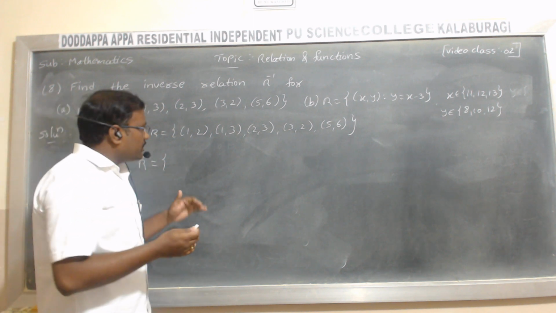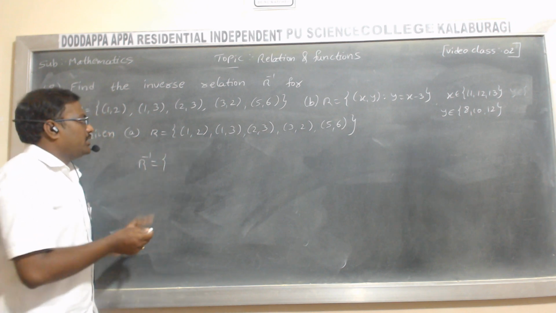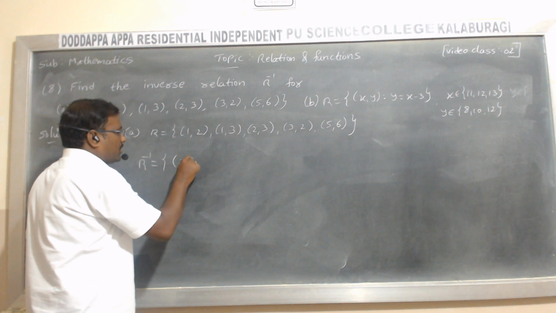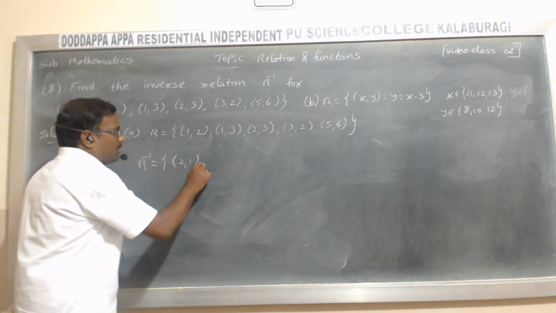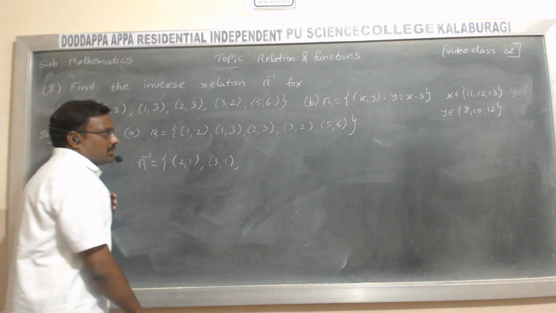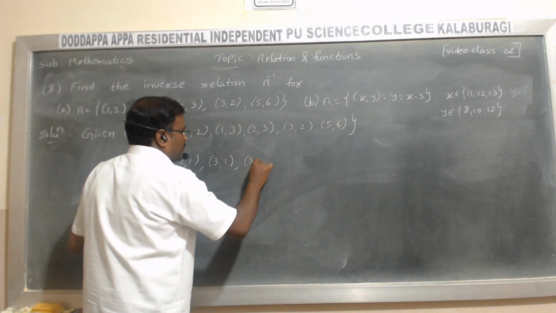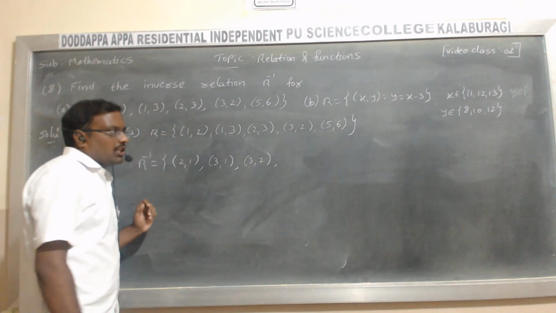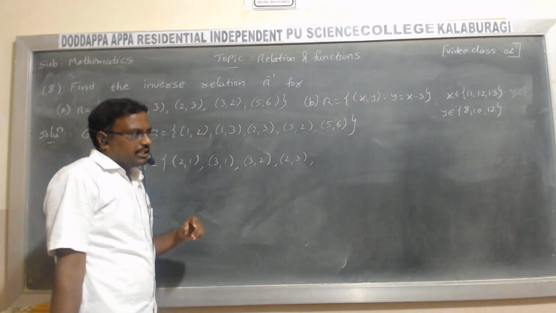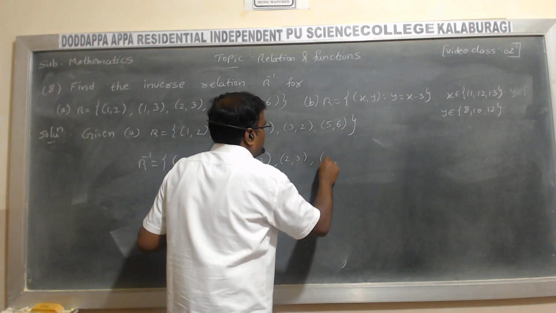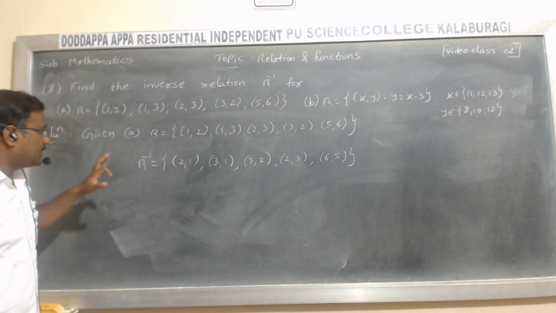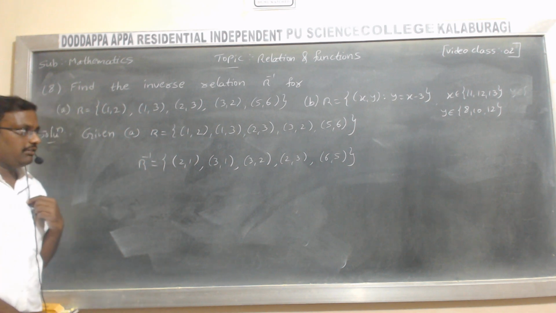Again I will repeat, R inverse means you interchange the domain and range. 1 comma 2 is there, you can write 2 comma 1. 1 comma 3 is there, you can write 3 comma 1. 2 comma 3 is there, you can write 3 comma 2. 3 comma 2 is there, you can write 2 comma 3. Similarly 5 comma 6 is there, you can write 6 comma 5. This is the R inverse.